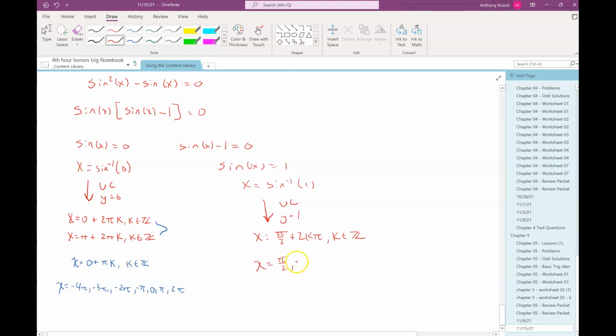If I subtract 2 pi from that, I get negative 3 pi over 2. That's okay. If I subtract another 2 pi from that, I get negative 7 pi over 2. That's still okay. If I subtract again, though, that's going to be too small.